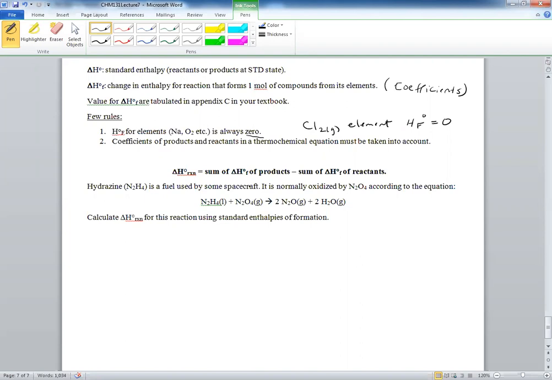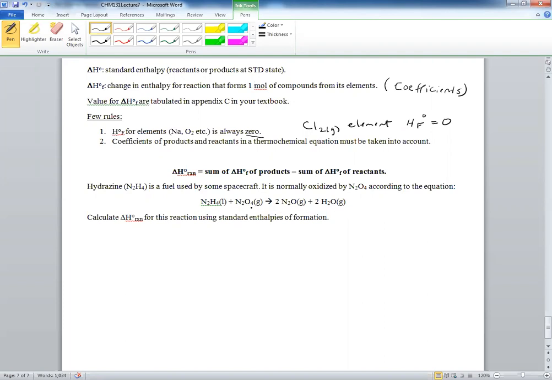So be able to do both. But let's just do this problem, and then when we meet next time, we can talk about different types of problems. Hydrazine, N2H4, is a fuel used by some spacecrafts, and it is normally oxidized by N2O4 according to the equation right here.